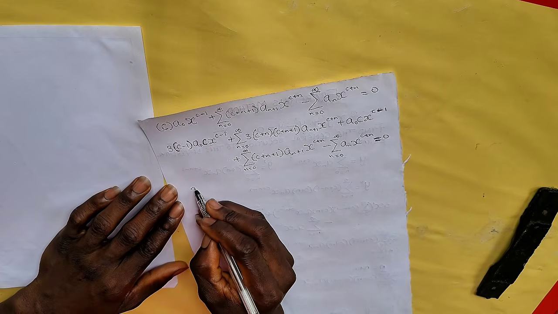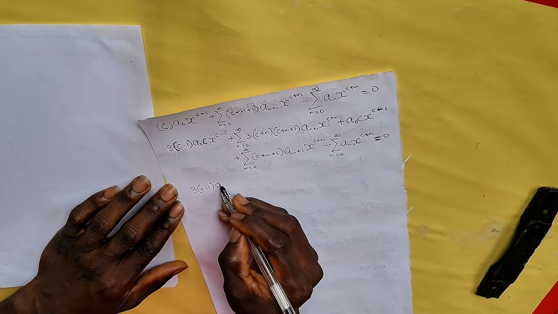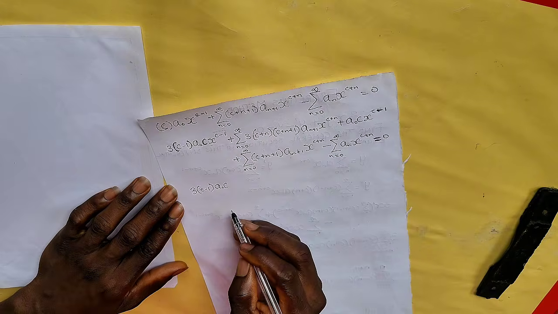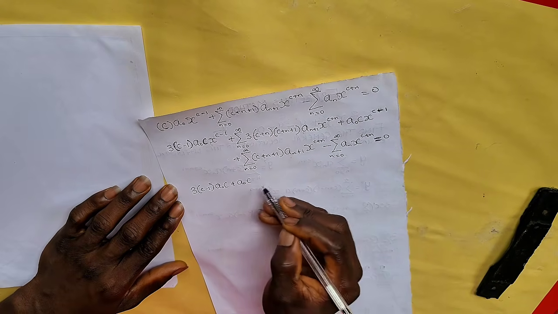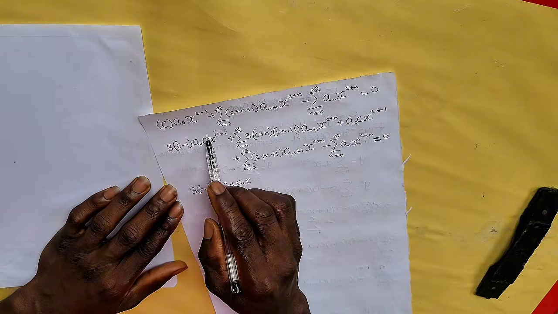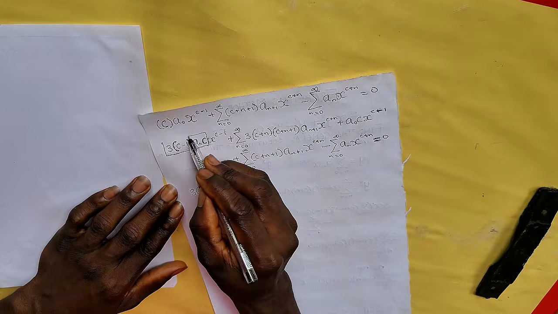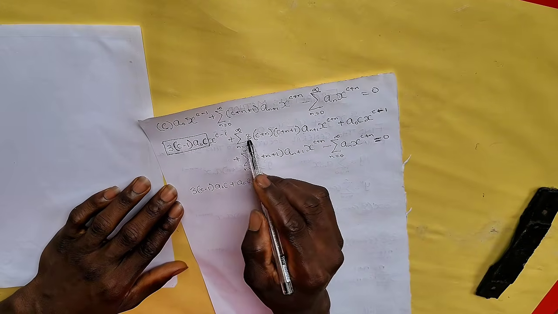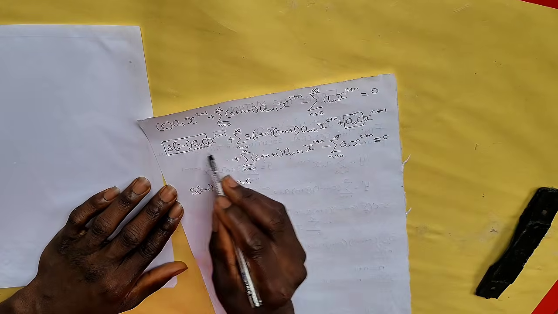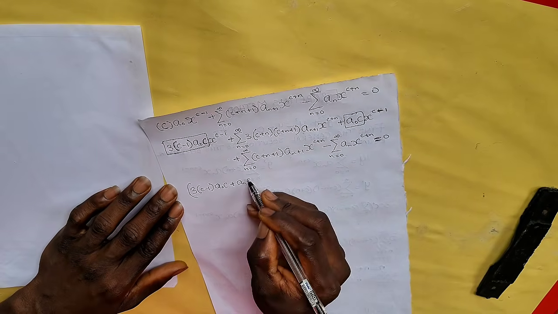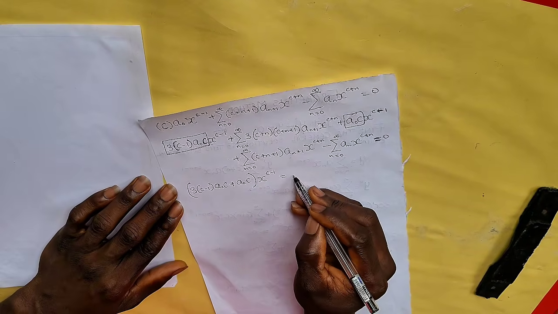So 3 into (c minus 1) a naught c, plus a naught c. That's this one. I want to factorize out this x^(c-1), so this plus this, into x^(c-1), equals 0.